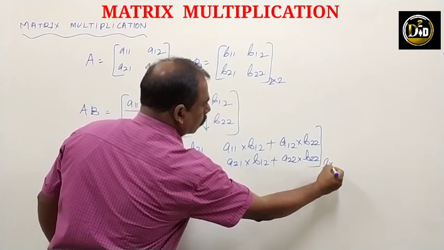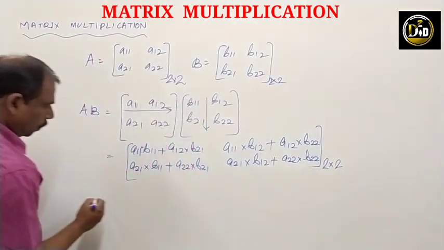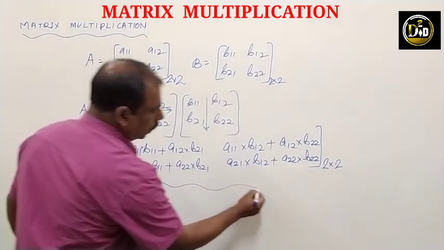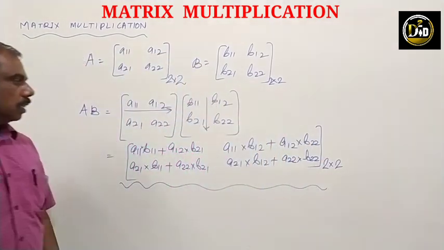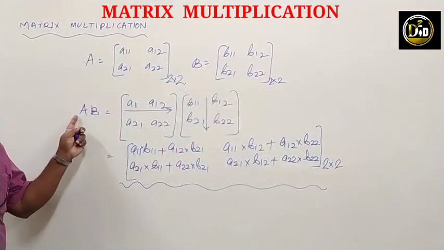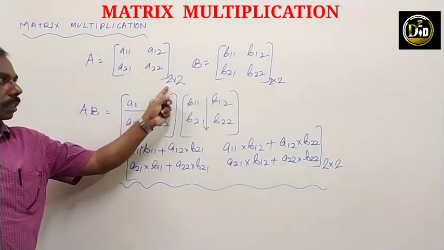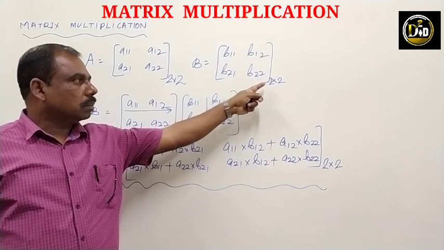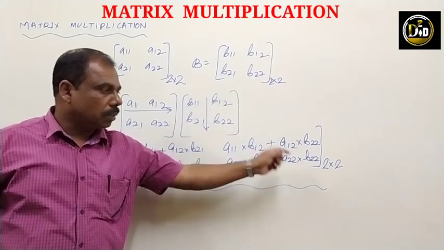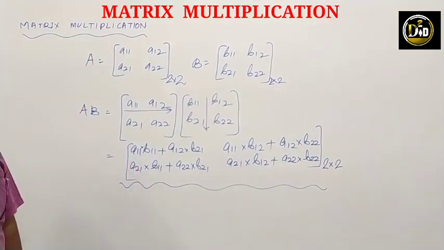This matrix is of order 2 by 2. So this is the way we define the product of two matrices A and B. Once again, the first matrix A is of order 2 by 2, the second is also 2 by 2, and the result we got is also 2 by 2.